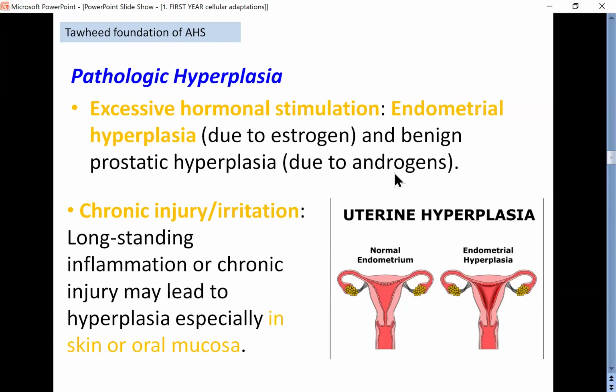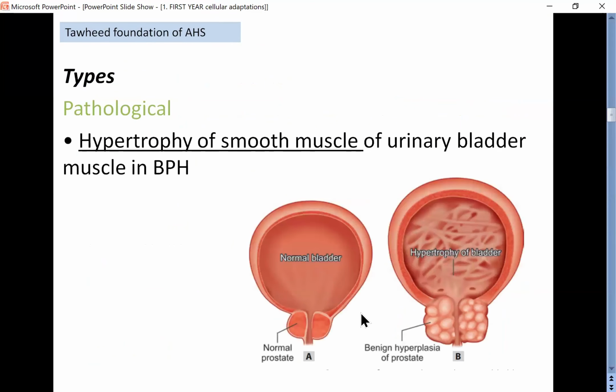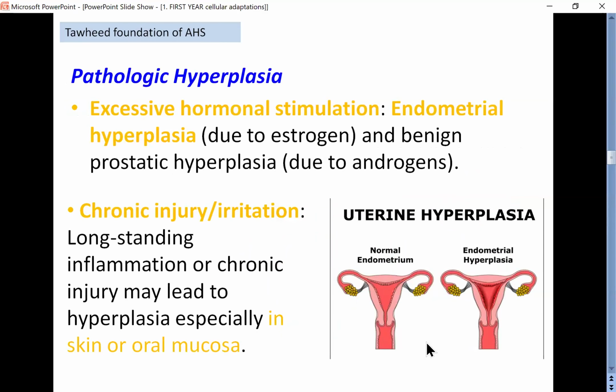Another example is benign prostatic hyperplasia. This is the normal prostate, and this is an abnormal prostate where you can see nodular growth inside. This condition is called benign prostatic hyperplasia. Chronic injury or irritation, like long-standing inflammation, can also lead to hyperplasia, especially in skin or oral mucosa.